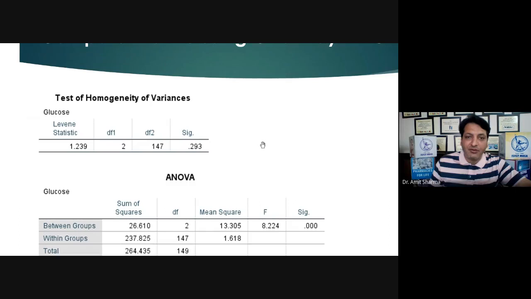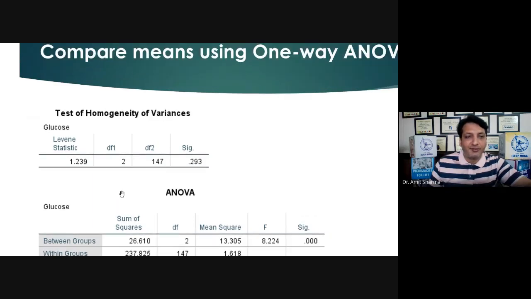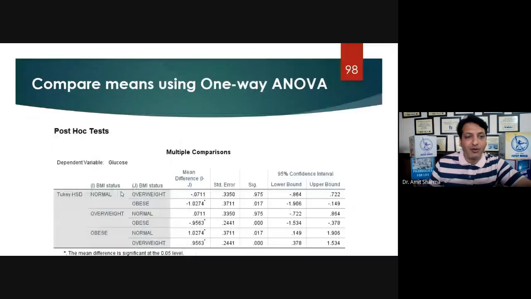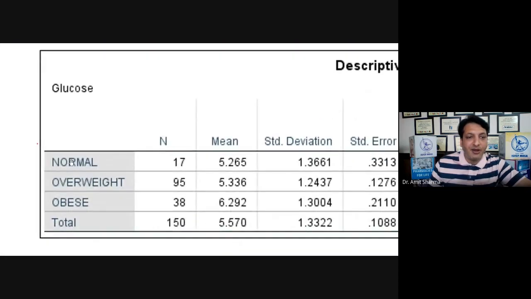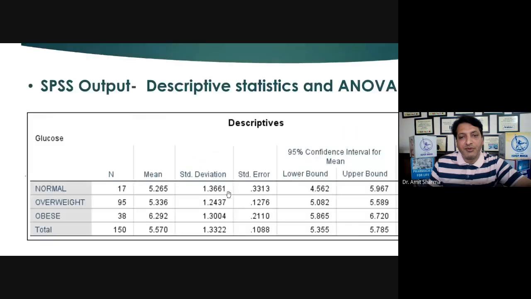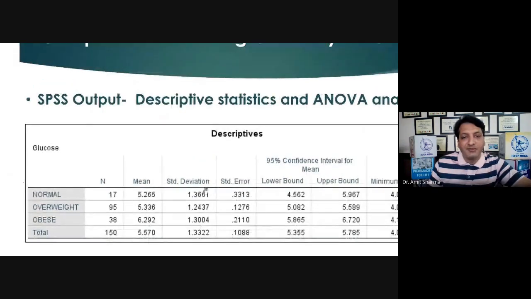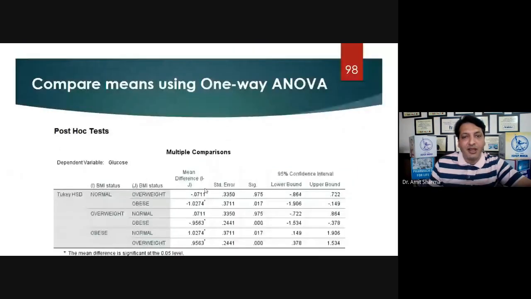And what we have justified is that these three groups, group 1 normal, group 2 overweight, and group 3 obese, are not similar. There is a difference in the mean of all the three groups. And how much is the mean difference? That you can take from the multiple comparison table, where the difference between the means is given.